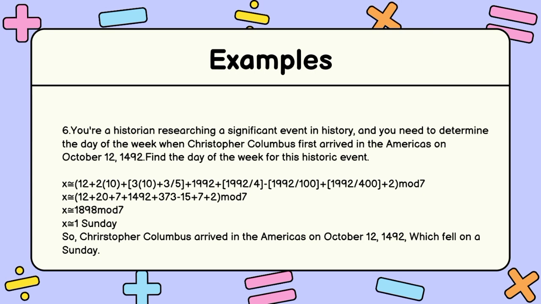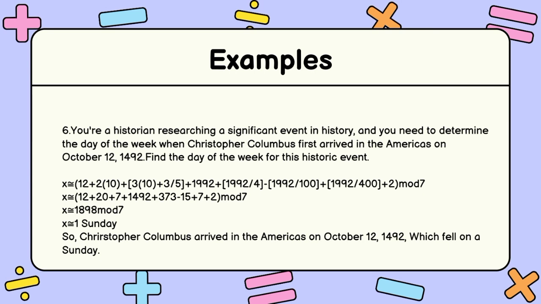So let's analyze the problem again and identify the day, month, and the year. The day of the historic event is October 12. So the day is 12 and the month is October, so it is equivalent to 10.